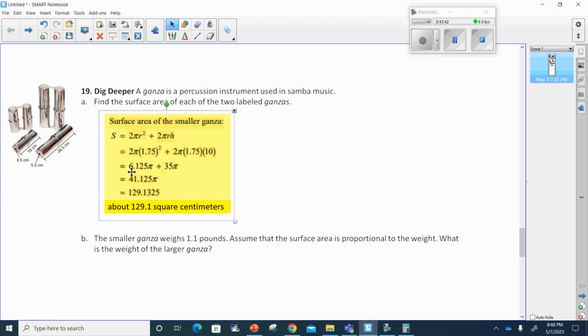Actually, we're adding these 2 first by the looks of it. So 35 plus 6.125 is 41.125. We multiply that to pi, and that's about 129.1 square centimeters.